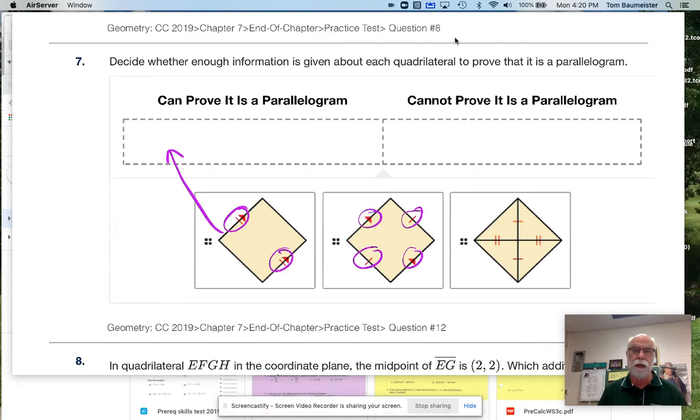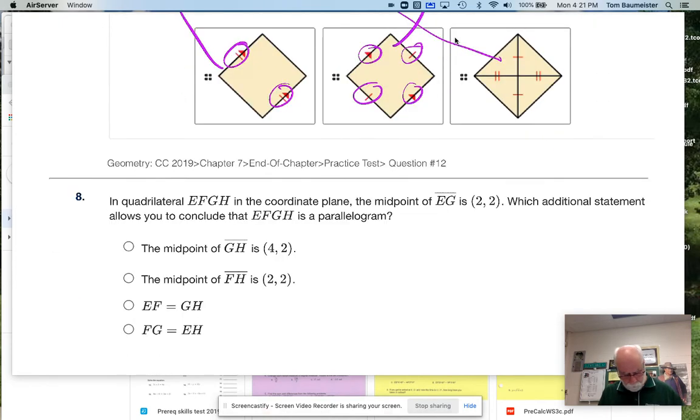But again, what did I just say with the other one? Parallel and congruent. On this one here, we don't know. So we are going to say cannot prove it is a parallelogram. And hey, this was just like the one above. If the diagonals bisect each other, then we know that it is a parallelogram.